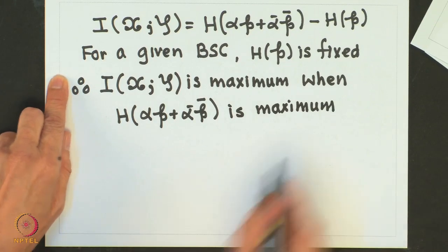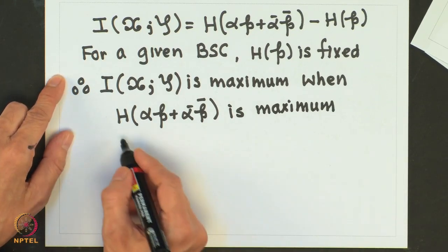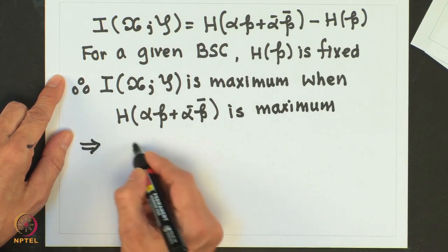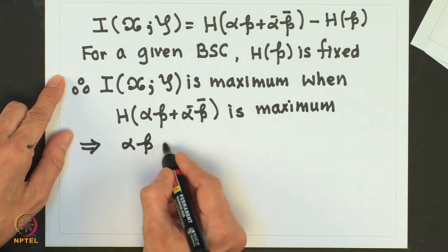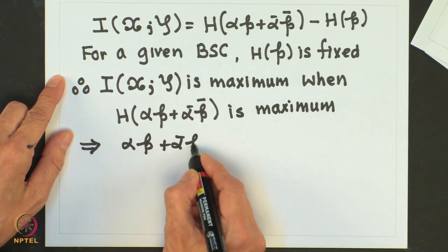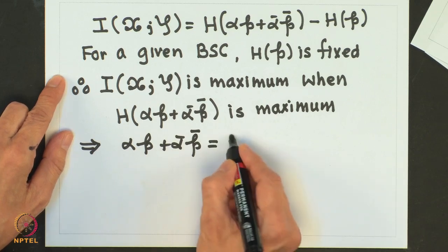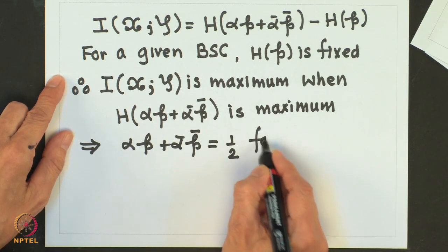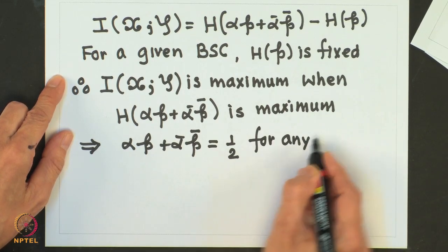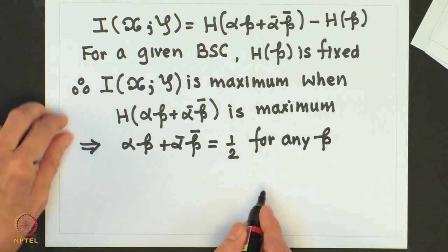Now, we know from the property of the entropy function that this implies that alpha p plus alpha bar p bar should be equal to half for any p.